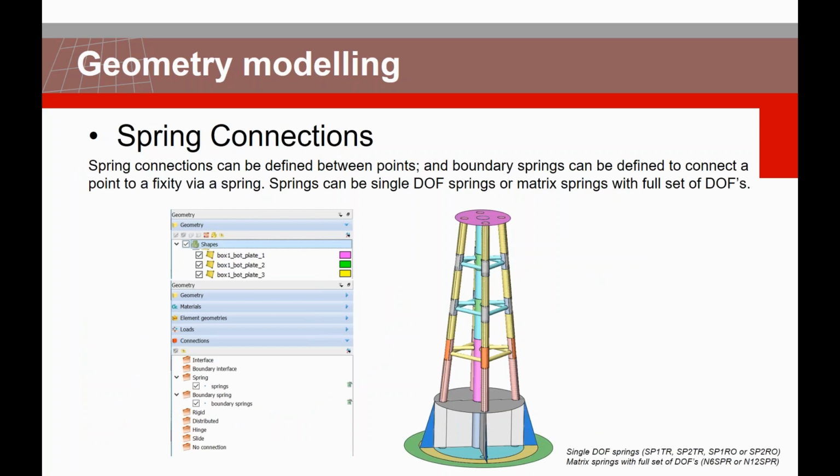Another feature that we made available to be identified and introduced through the GUI is spring connections. This could be on the surface or the points, and you can visualize that again through the connection section.